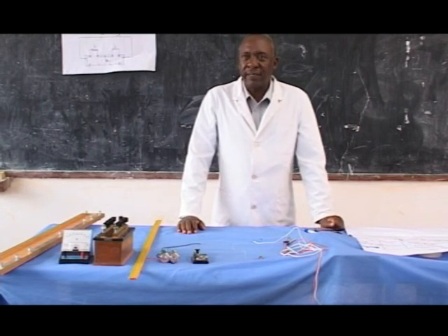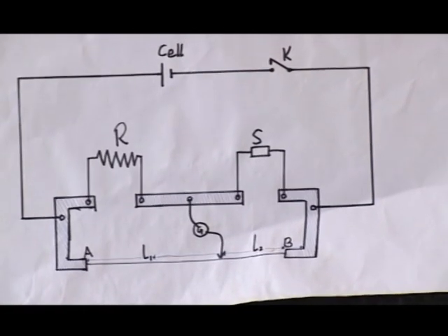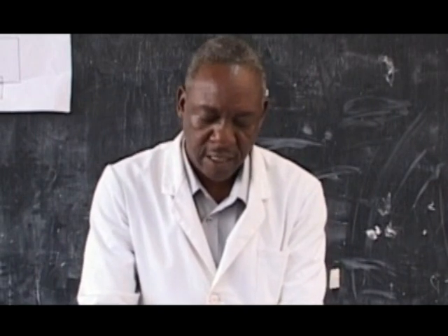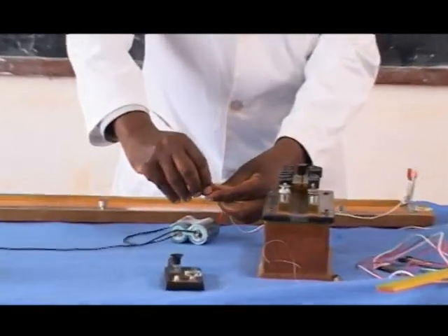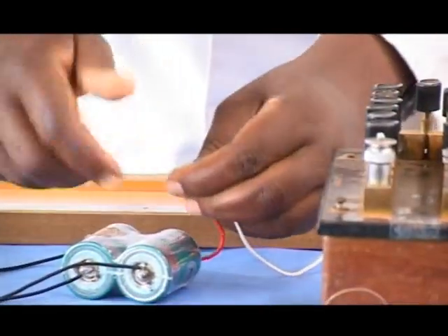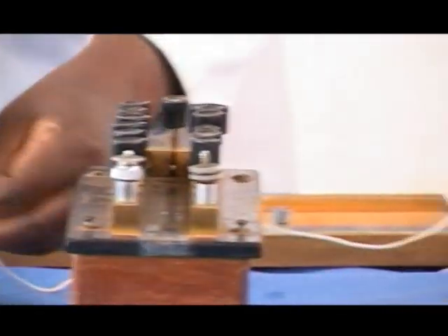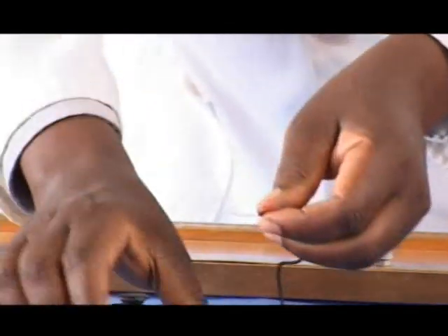Connect the devices as per the circuit diagram shown here. The positive terminal of a dry cell is connected to make end A positive and the other end B negative. Connect the negative part of the cell to the switch.